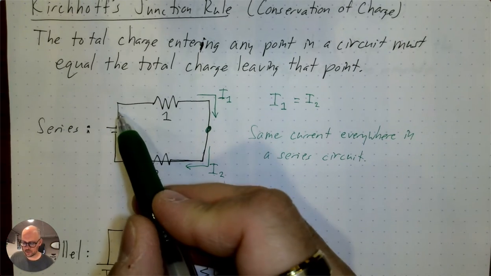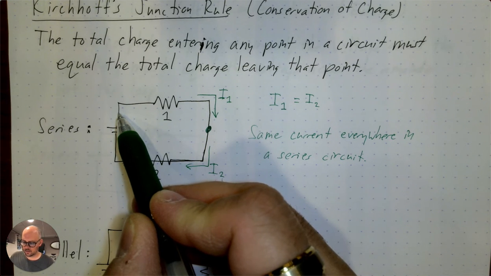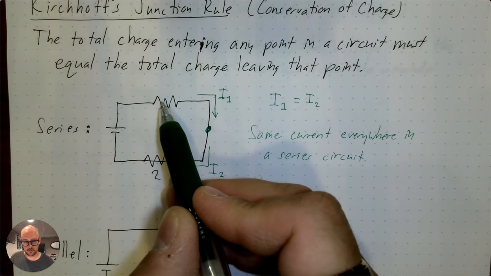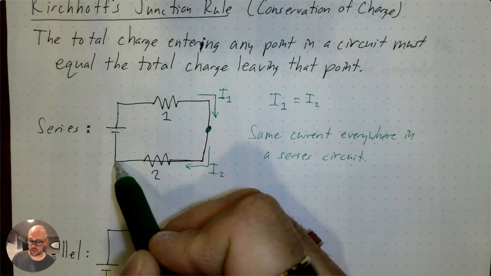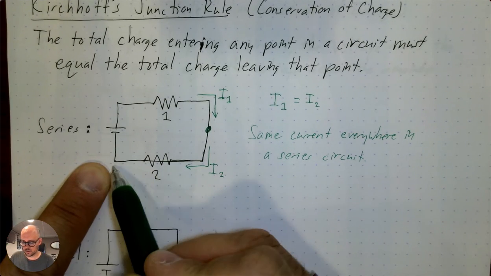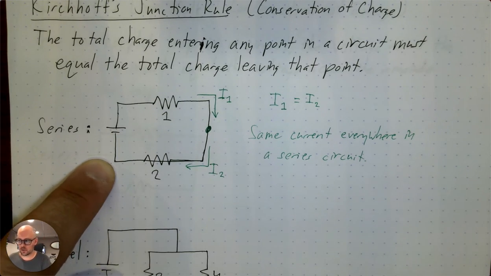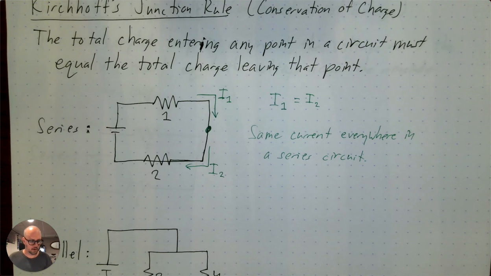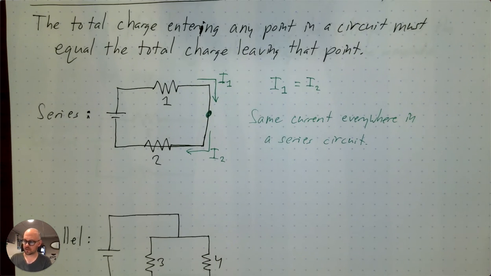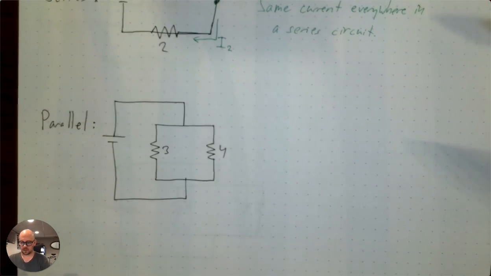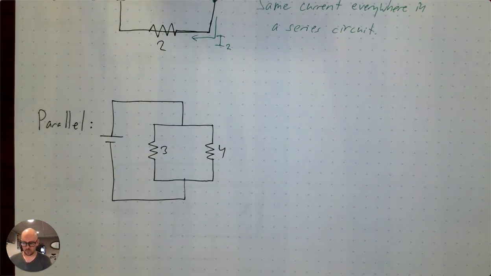If I put my junction there, then the current leaving the battery has to also be the current going through R1. If I put my junction here, the current leaving R2 has to be equal to the current going into the battery. Everywhere is a one-path street, so the current is the same everywhere for a series circuit.